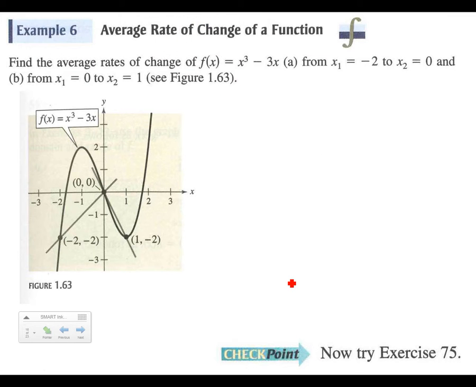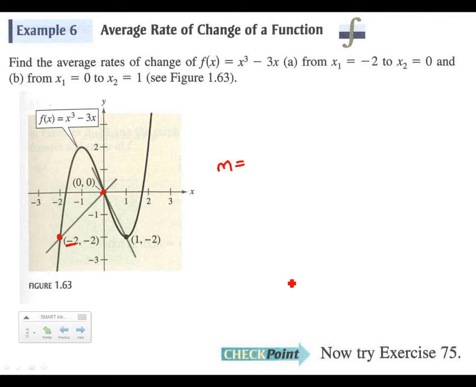So let's go ahead and find our rate of change. Function is x cubed minus 3x from x1 equals -2, so over here, to x2 equals 0 over here, between those 2 points. So all we're going to do is find the slope between those 2 points. M equals, let's talk about our y values.